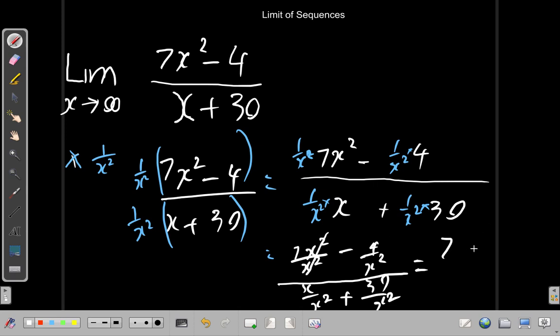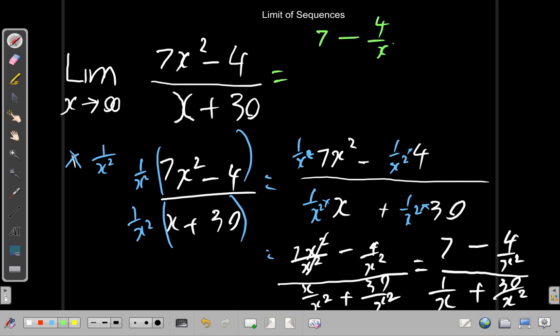So you end up with 7 minus 4 over x squared. x over x squared, x will cancel. So it's 1 over x plus 30 over x squared. Alright, so let's work with that. We have found that all of this is the same as 7 minus 4 over x squared divided by 1 over x plus 30 over x squared. You see that? Let's work with that and see what would happen.